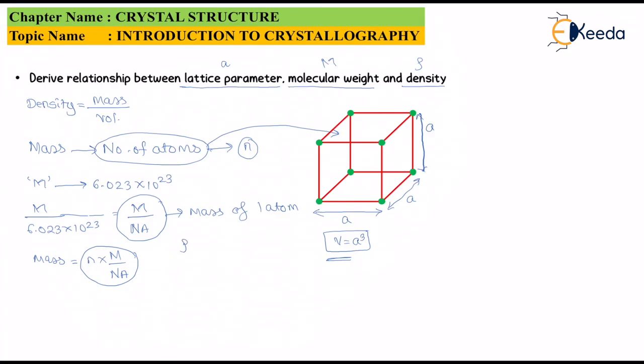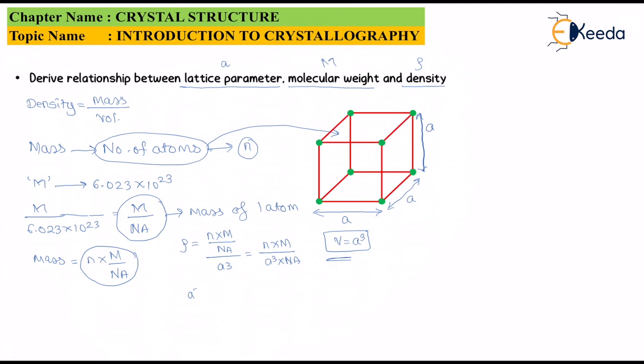Now you have this mass, you have this volume, so we can find the density. This density would be equal to n times M divided by Na, the whole thing divided by a cubed. Solving further, you will get n times M upon a cubed times Na. Now, we are interested to find a. So, we'll take a on one side and move every other variable to the other side.